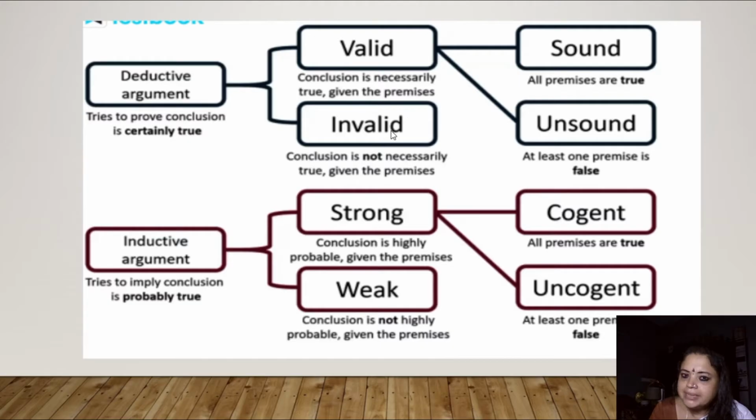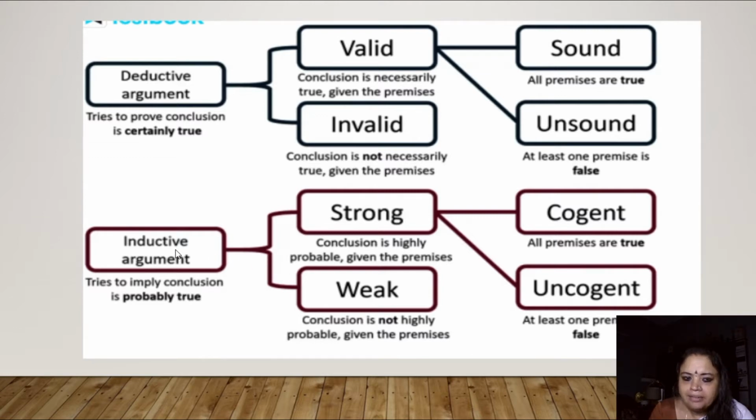If the premises are not true, we call it an invalid conclusion, and if all the premises are true and valid, you call the deductive reasoning sound. If any of the premises are not true, or false, then it is an unsound deductive argument.